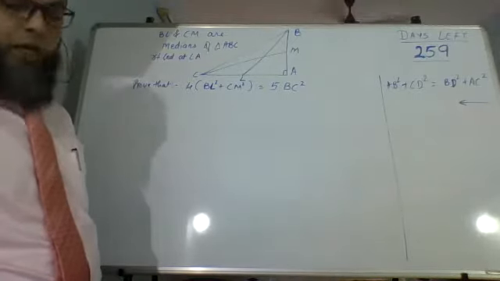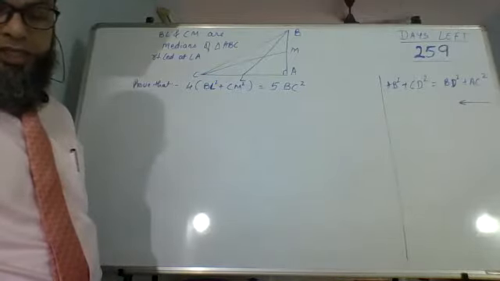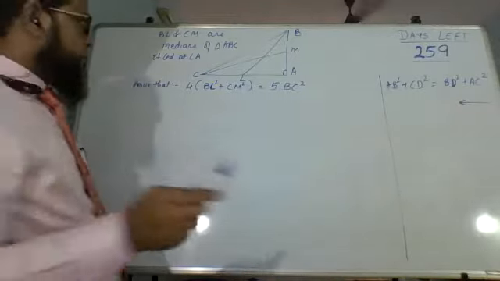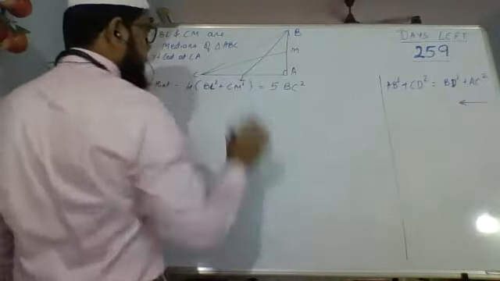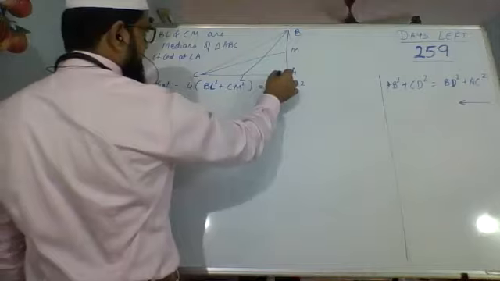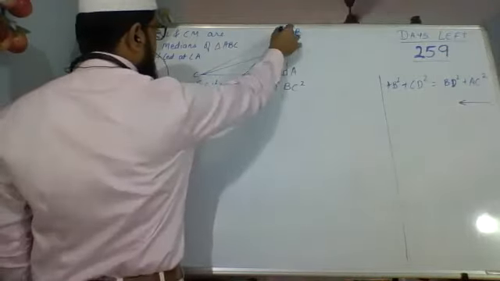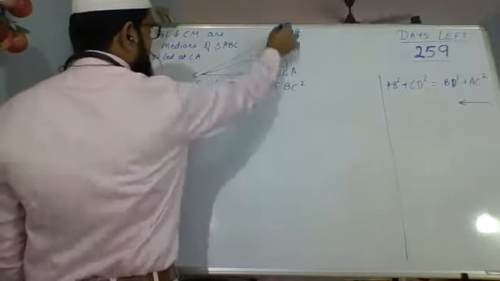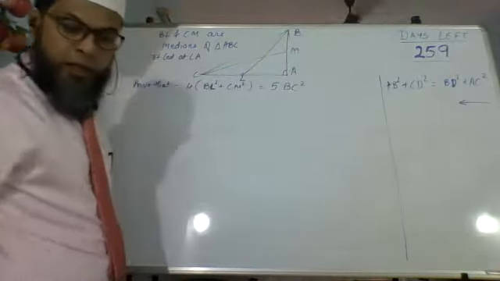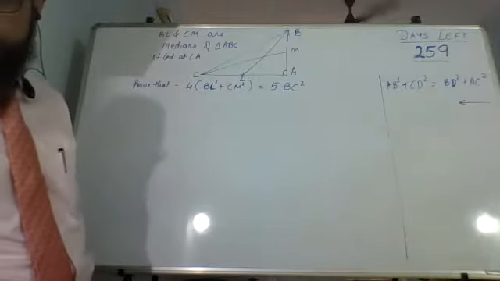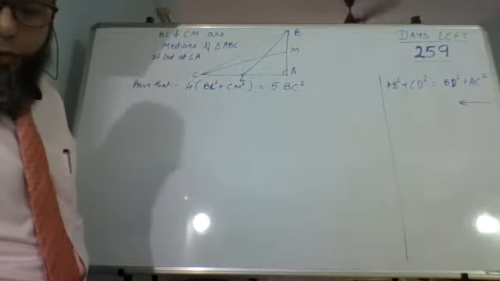So BC square equals AB square plus AC square. Similarly, when I take triangle ABL, BL square equals AL square plus AB square. That is how we are going to proceed further.